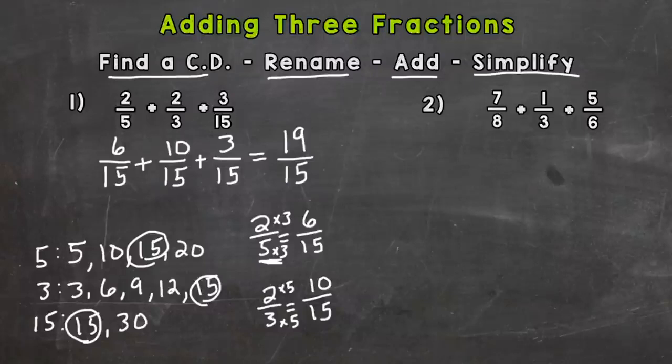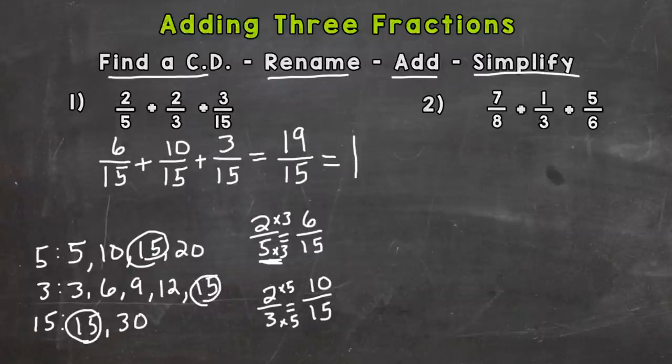Now our answer is correct there, but it's an improper fraction and we don't want to leave it. We want to put it into a mixed number, or sometimes it will work out as a whole number. So in order to do this, we need to do 19 divided by 15. So how many whole 15s can we pull out of 19? Well, one whole 15, that's our whole number of the mixed number.